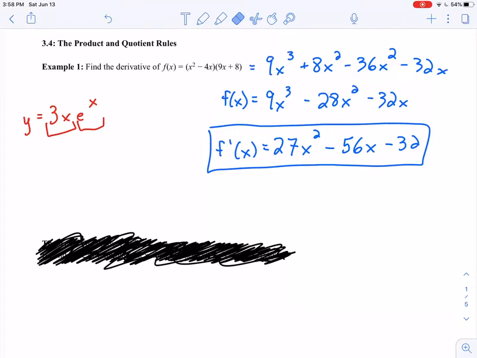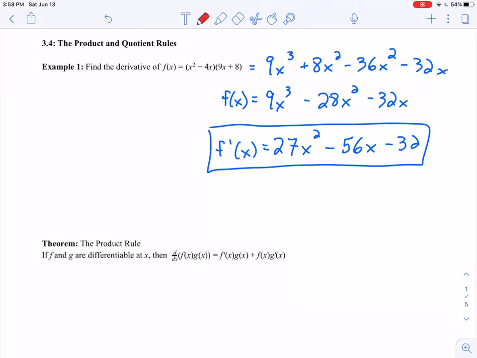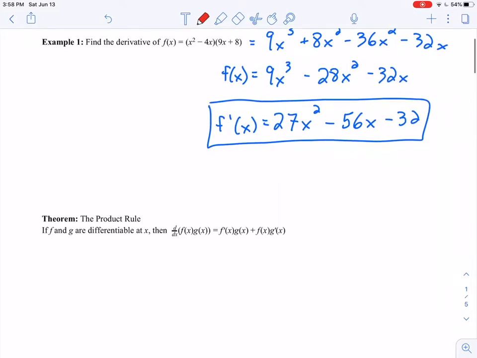So here's where we're going to talk about the product rule, and this is a really nice one. So the product rule says if f and g are differentiable, so that just means the derivative exists at x, then the derivative of f of x times g of x is equal to f prime of x times g of x plus f of x times g prime of x.